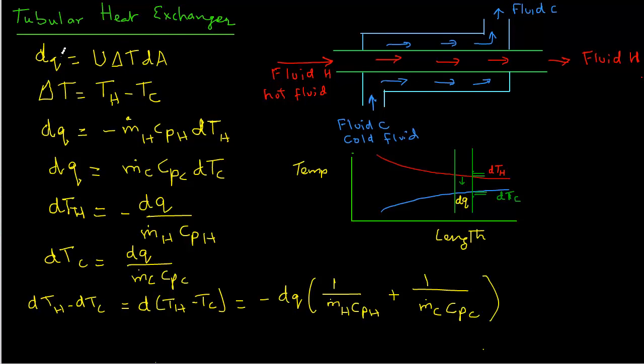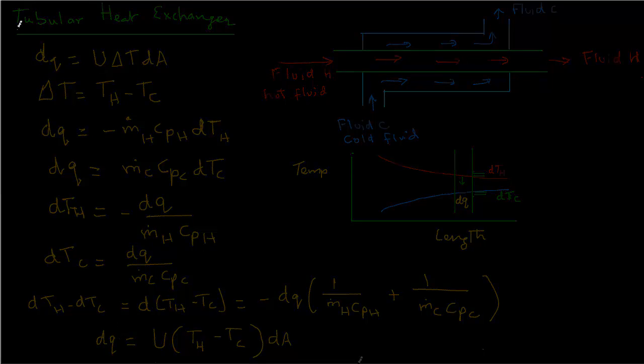From the first two equations on this screen, we will substitute the value for dq in the right hand side of this equation. So dq is U times TH minus TC, which is from the second equation, times dA. So on the next screen we will substitute this dq.